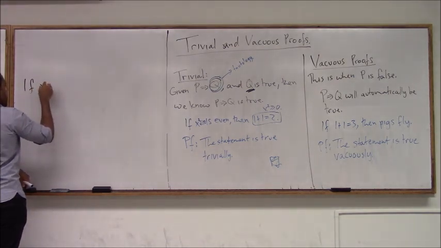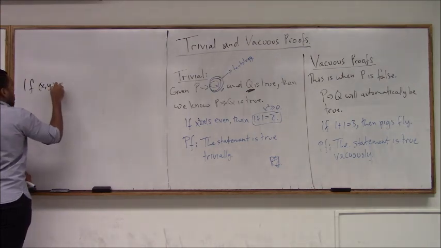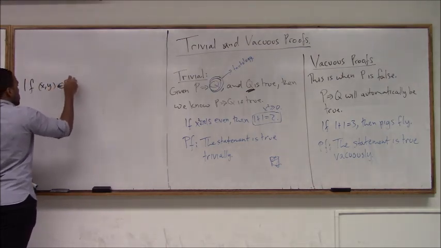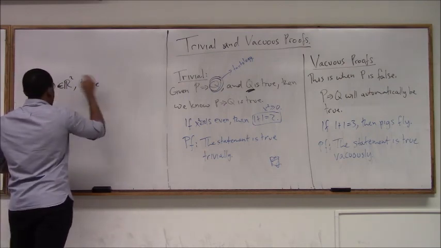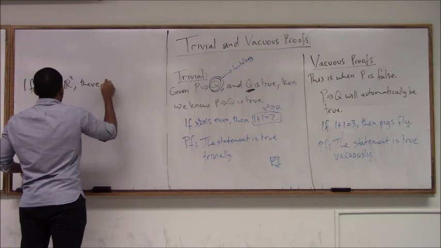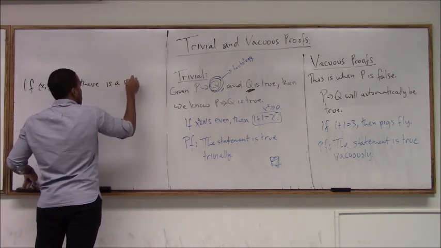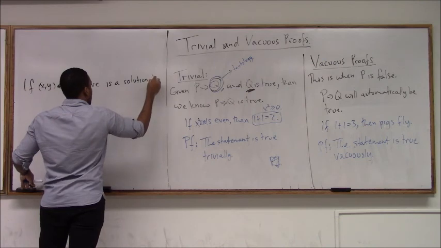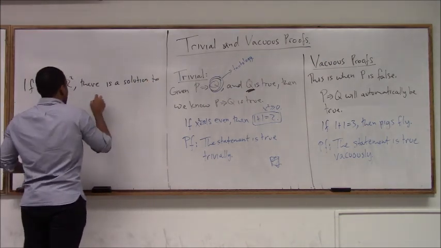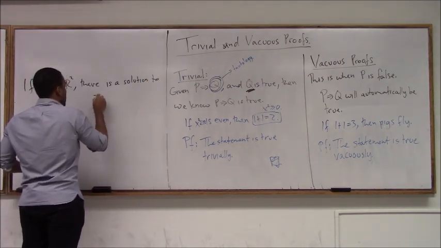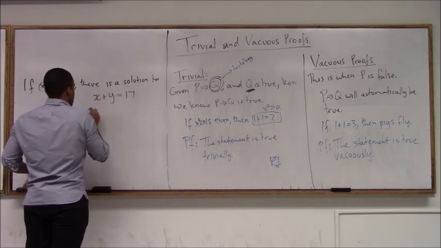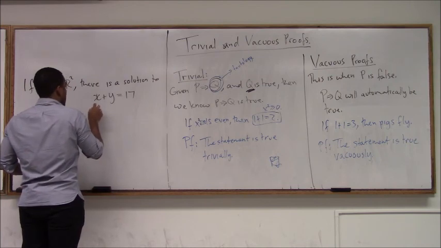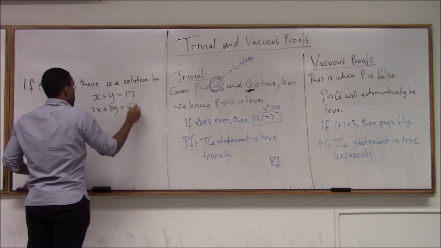if x, y are elements of R2, so x plus y equals 17, 2x plus 3y equals radical 2.